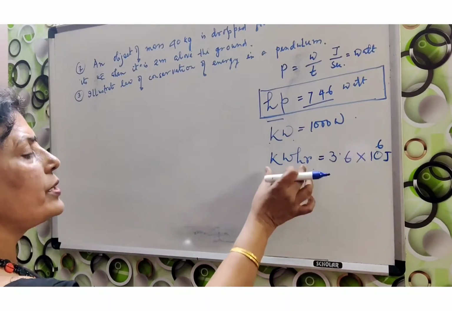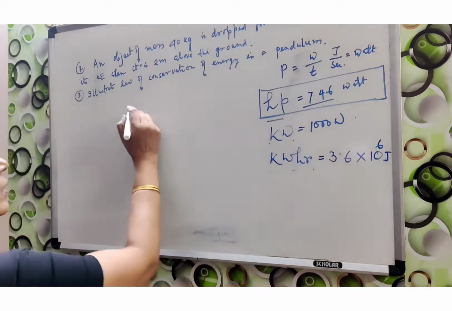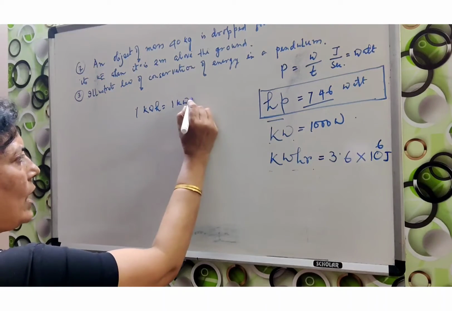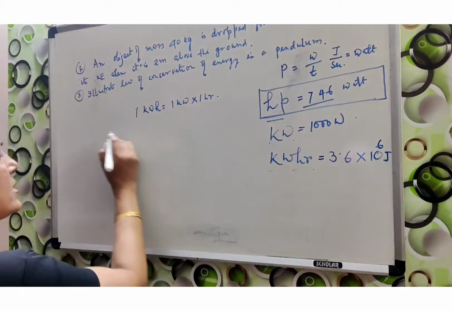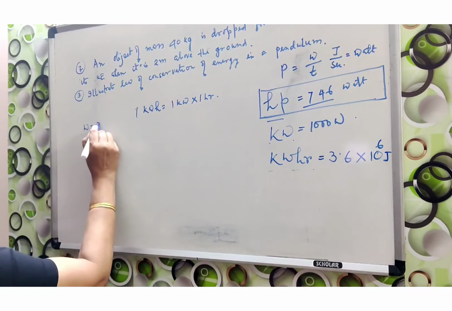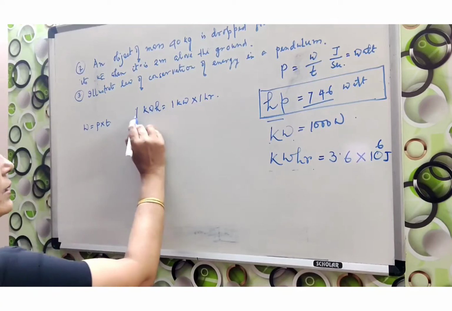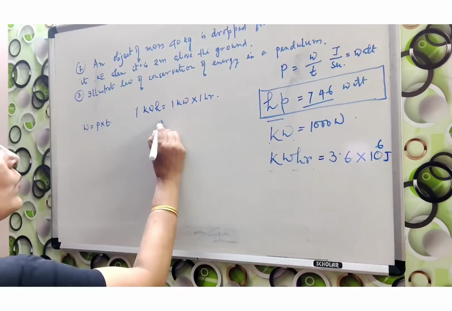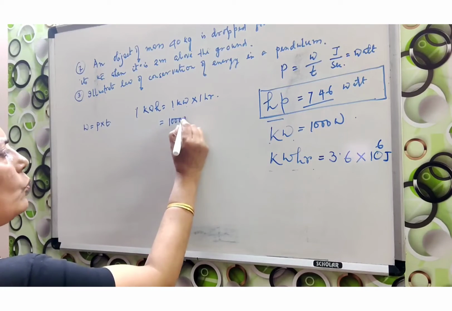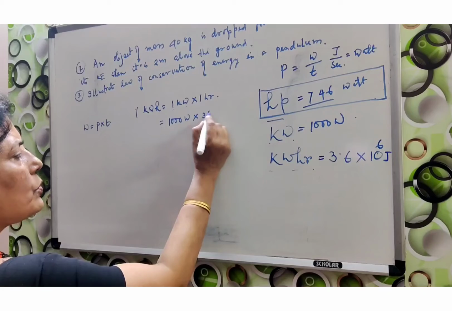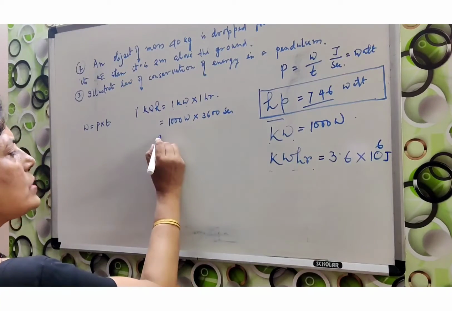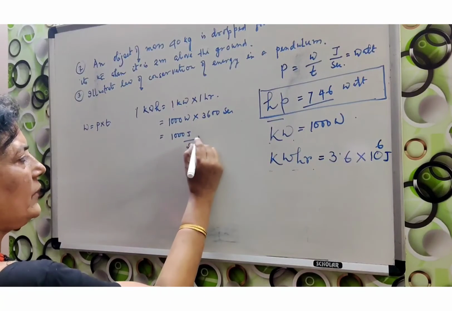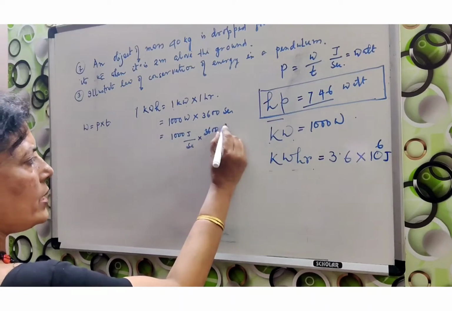So how can we find the relation between kilowatt hour and joule? 1 kilowatt hour is equal to 1 kilowatt into 1 hour. Since work done is equal to power into time, here power into time means work done, that is energy. 1 kilowatt is equal to 1000 watt and 1 hour is equal to 3600 second. 1000 watt means 1000 joule per second into 3600 second.